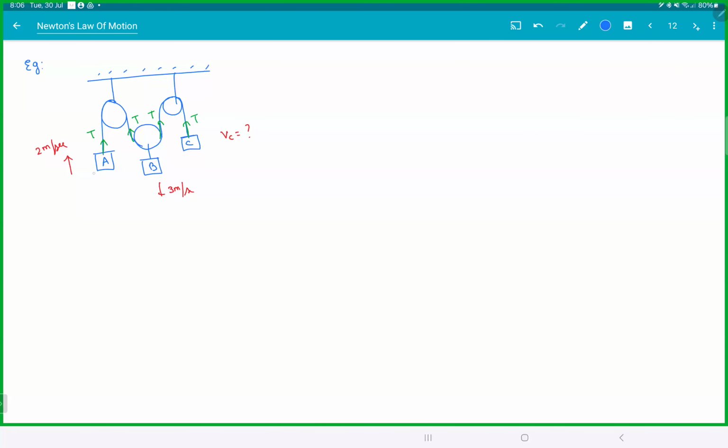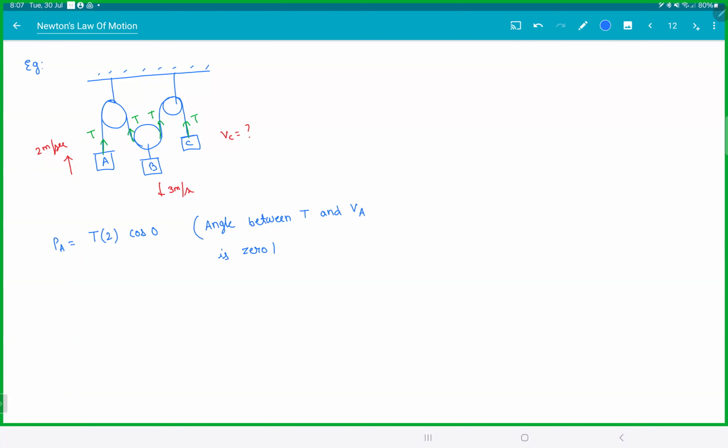Step 2, find the power on each block. Power on A: T and VA are in the same direction, so T into 2. Actually, TV cos theta, but theta is 0 here, so the angle between T and V is 0. There is no need to write it directly.